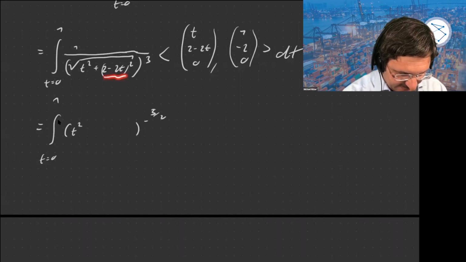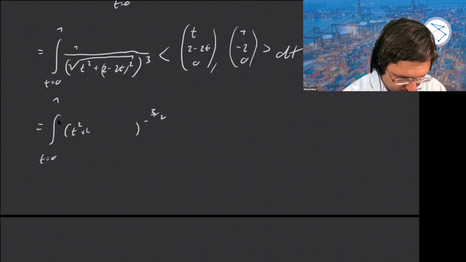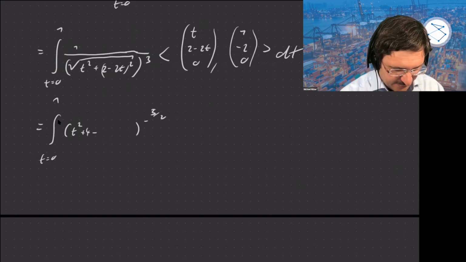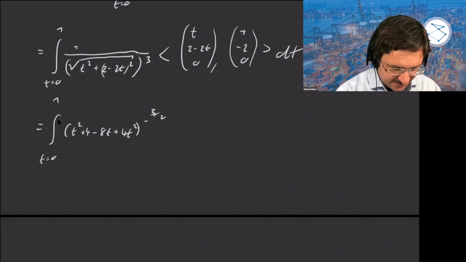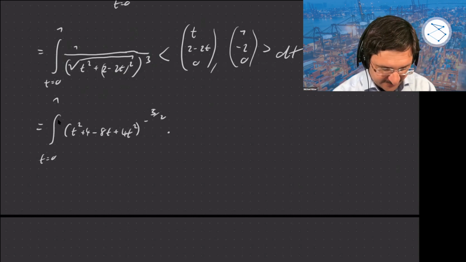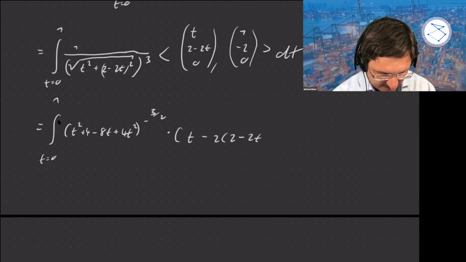And this here evaluates to 4 minus 2 times 2 times 2t, that's 8t, plus 4t squared. And now the scalar product here, that's simply t minus 2 times (2 minus 2t) plus 0 dt.